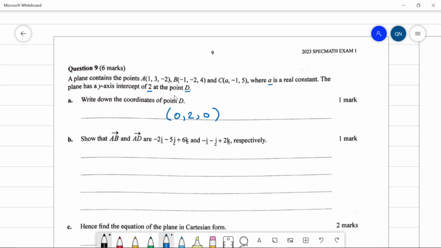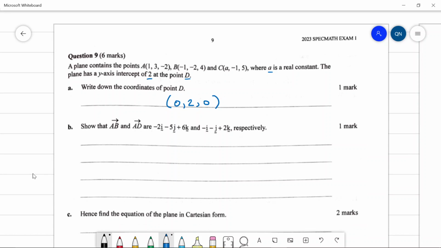Yeah, that's it. Show that AB and AD are this and this respectively. So what's AB? AB is just OB minus OA. What's OB? I'll write it as a column vector.